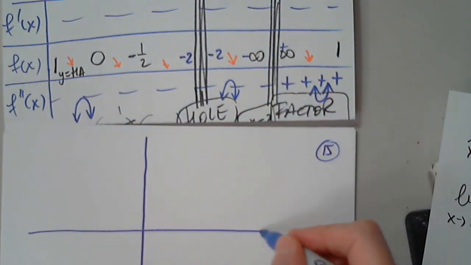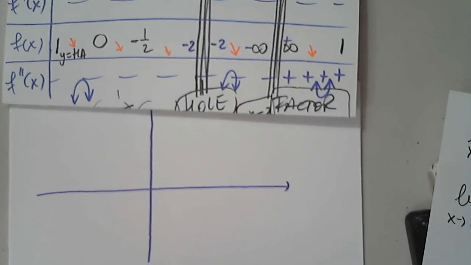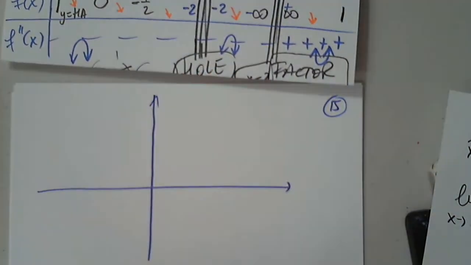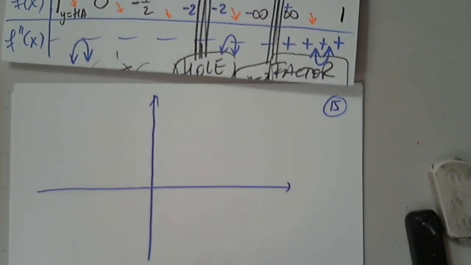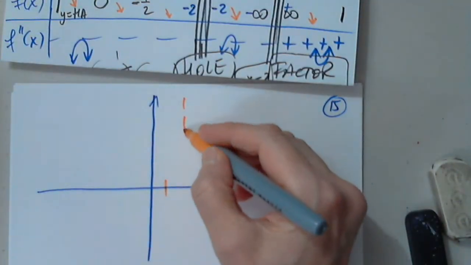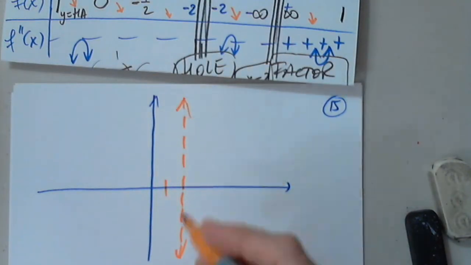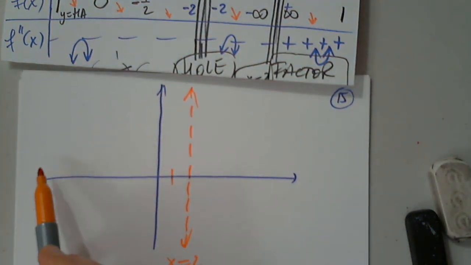When I graph a function with asymptotes, I have to graph the asymptotes first. They're not part of the graph, but they have to be graphed. And I see a 2. And I see a 1.